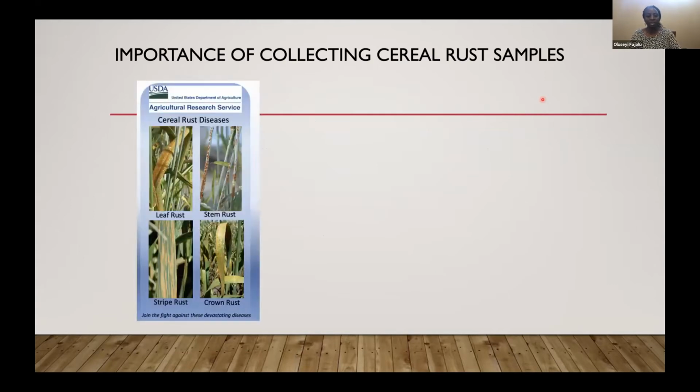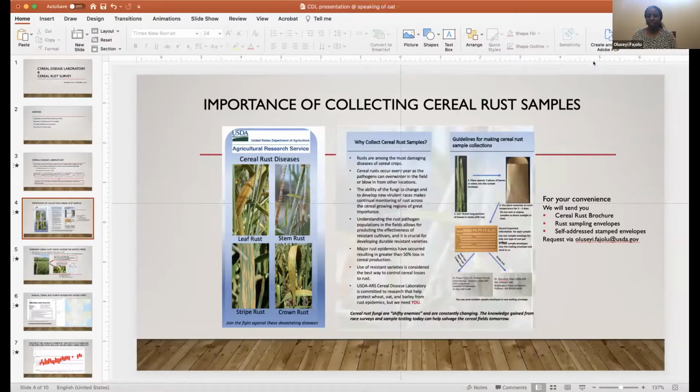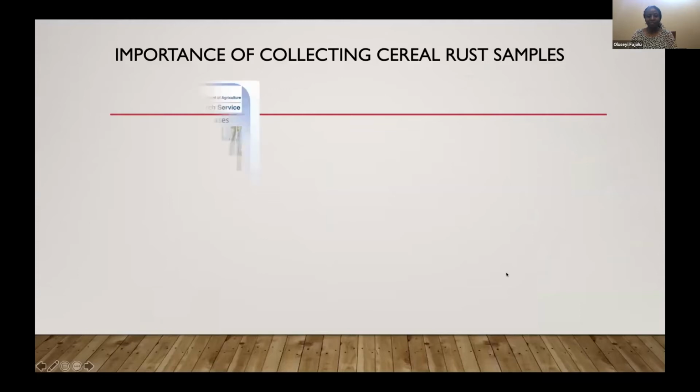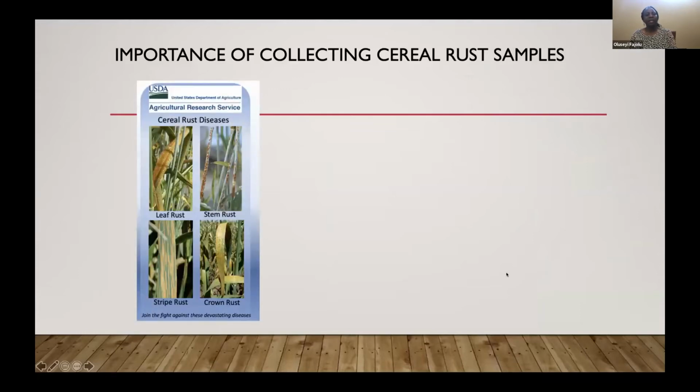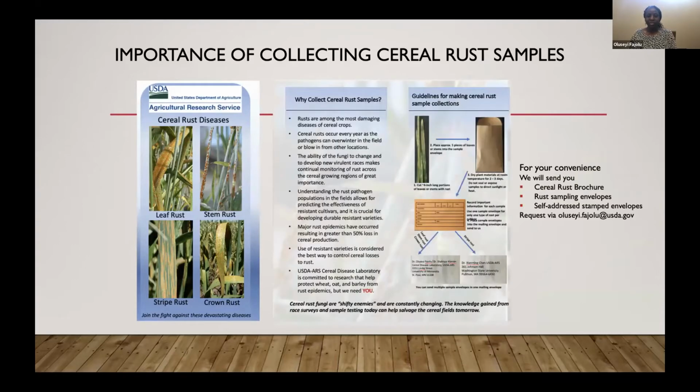Why collect rust samples? This is highlighted in a recent rust disease brochure. Rusts are among the most devastating cereal diseases, and unfortunately, those pathogens occur every year.